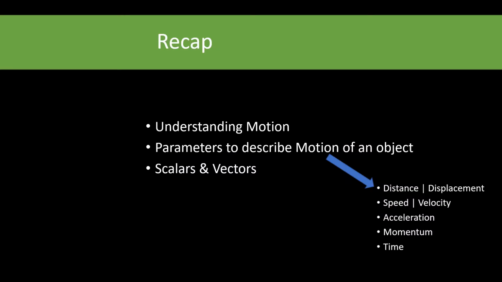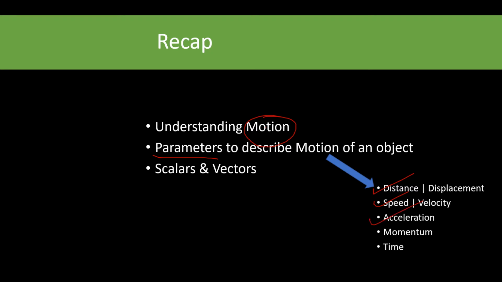First we discussed what is motion: it is the movement with respect to surroundings. We discussed the parameters required to describe the motion of an object, and thereby we saw the difference between distance, displacement, speed and velocity.